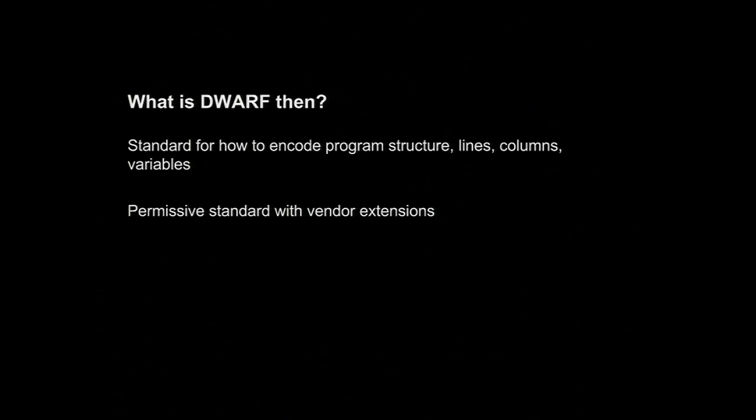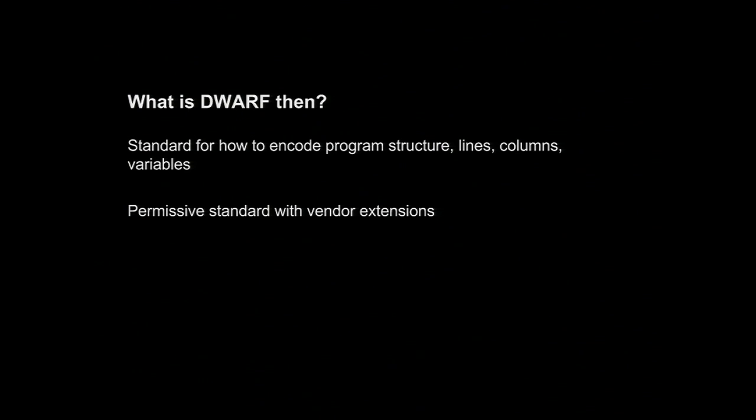Producers like GCC, Clang, ICC, et cetera, and consumers like GDB, LLDB, profilers, and all of the other fun things. It's fairly general. It talks about all sorts of languages and language features, and has guidance about how you might represent particular language features using particular DWARF features. But it's really just guidelines.